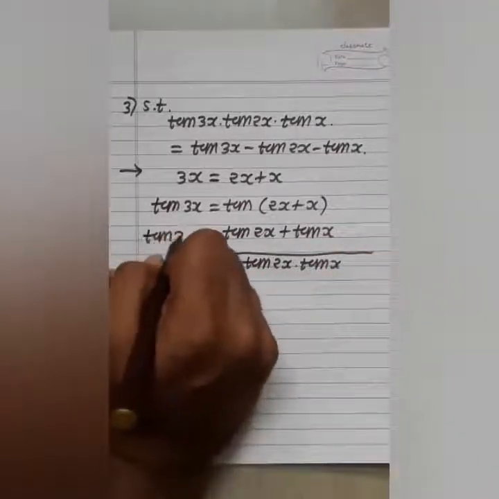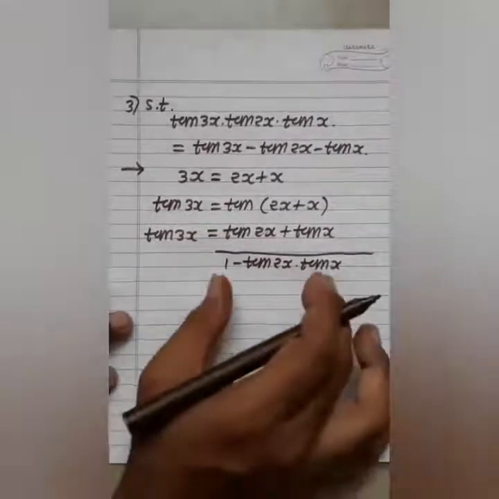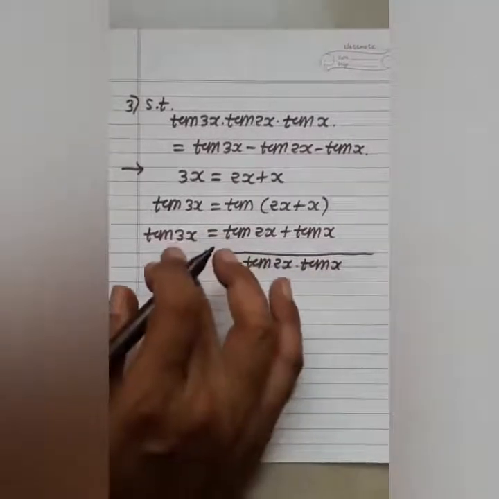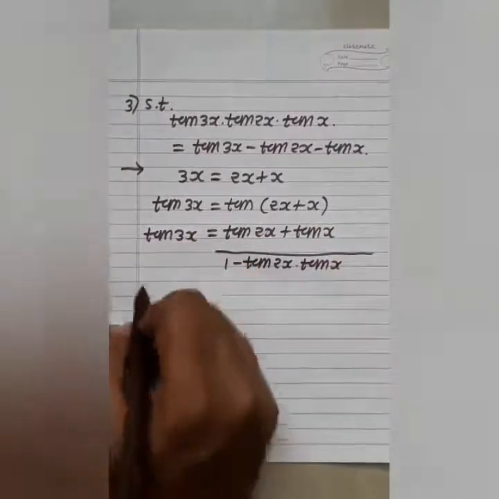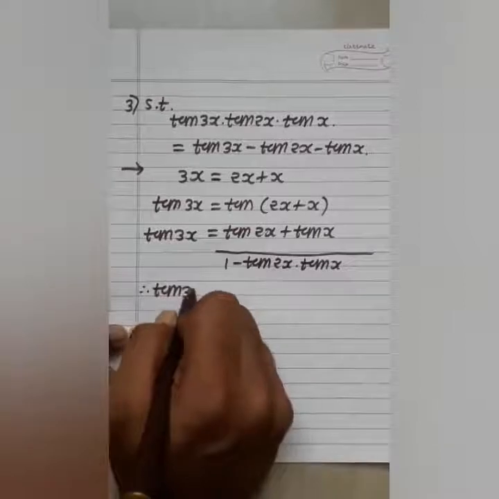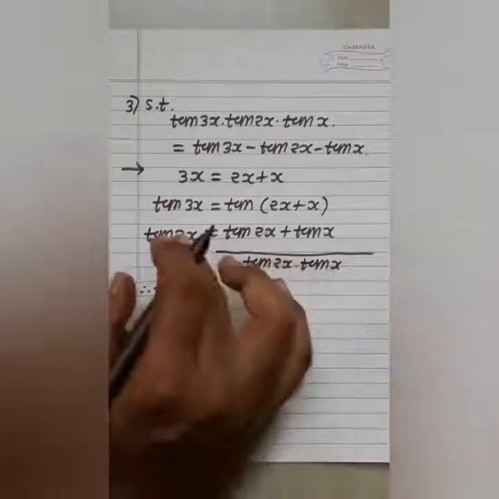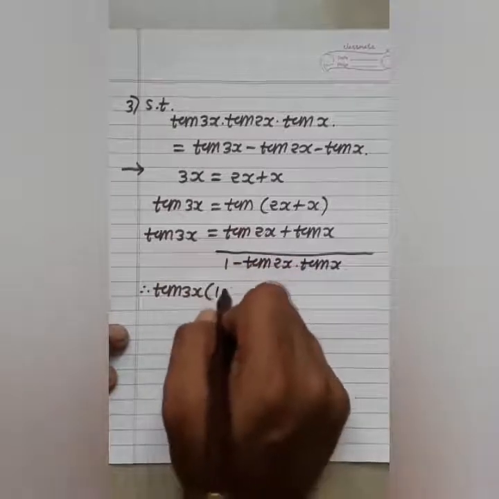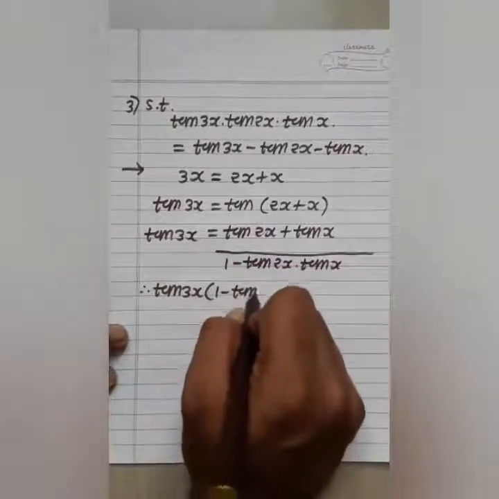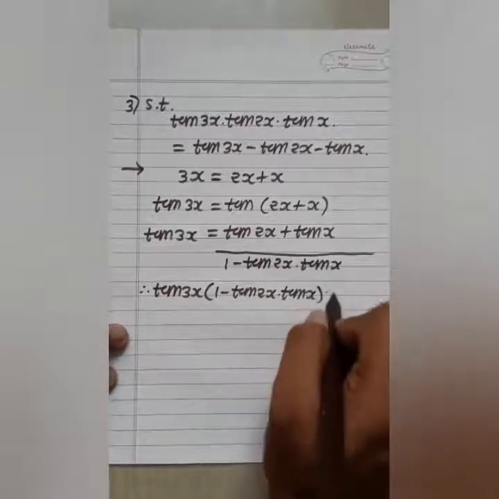Here we can write tan 3x. Now this denominator term multiplies with tan 3x. So therefore we can write tan 3x into bracket 1 minus tan 2x into tan x is equal to tan 2x plus tan x.